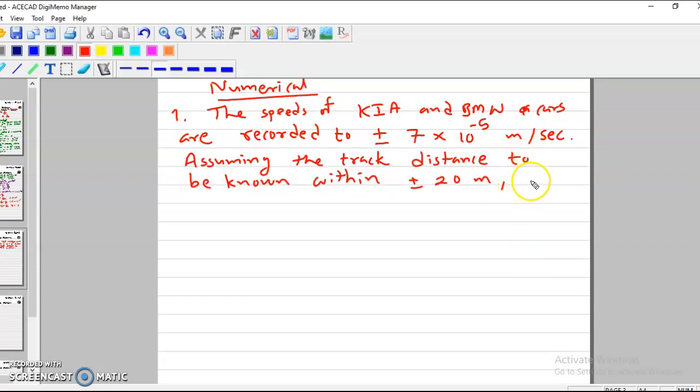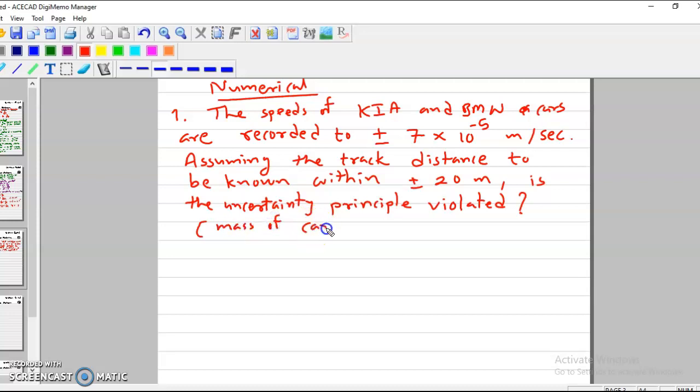Is the uncertainty principle violated? This is asked for, yes, the mass of the car. We can assume that both the cars have the same mass, then we can say that it is 5 tons.